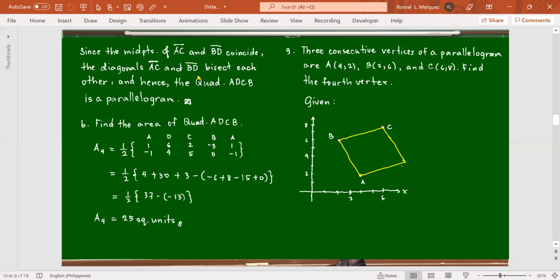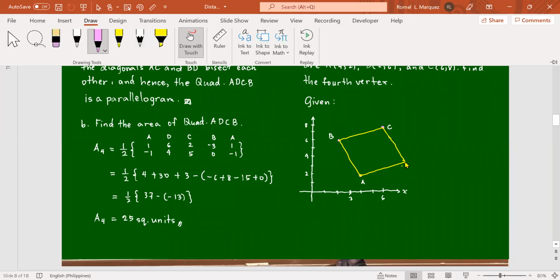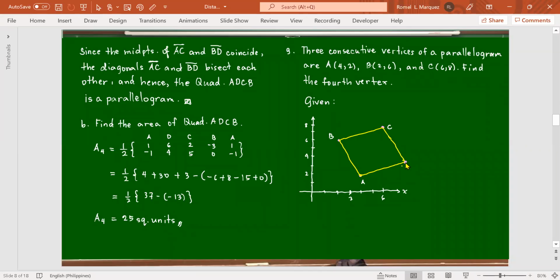So this is what we really want, and let's call it point D. We do not know that, so let's call the coordinates of D (x, y). B is (2, 6), C is (6, 8).